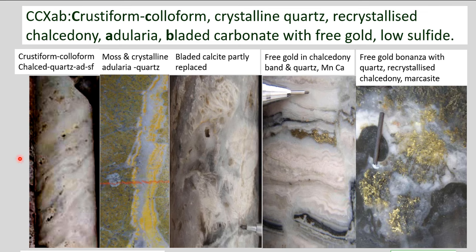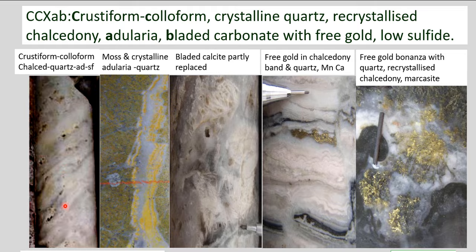Here, this is the quartz, chalcedony quartz zone. So starting from the left, there's quite good crustiform banding there between grey quartz and white chalcedony, with some ganguro bands, and within it there's quite a lot of internal textural variation, which is the recrystallization of the chalcedony.